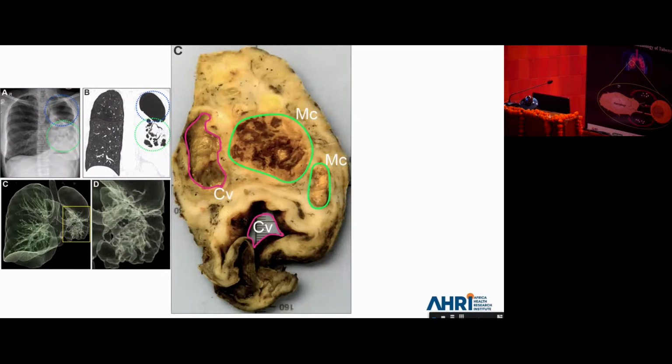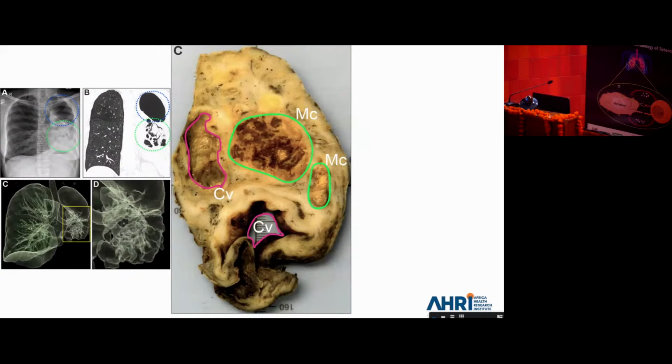So when the lung was removed, we received a section that's about 10 centimeters in length, approximately 1 to 2 centimeters thick. This is what we observed. There was evidence of an old cavity here on the bottom, and then we could see these purple areas. This is also evidence of a slightly younger cavity, and then these green areas. These are all mycetomas.